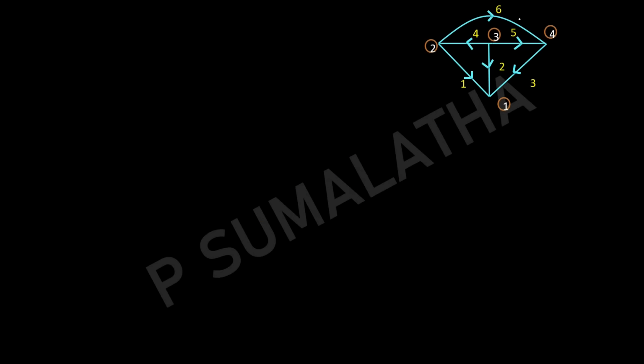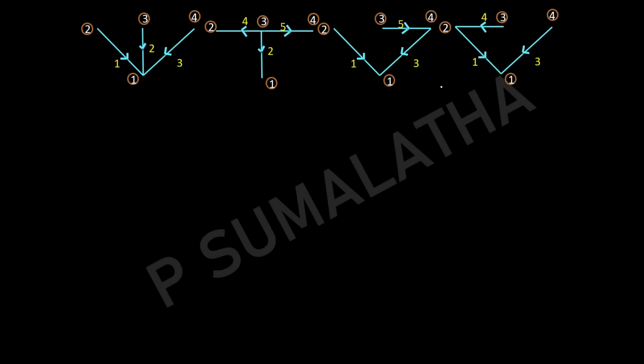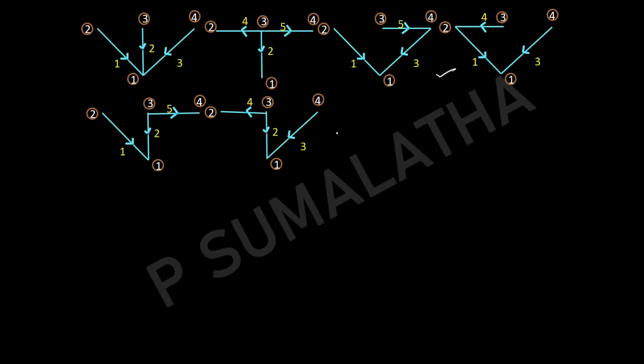So I have taken this graph. Now I am going to form all the 16 possible combinations for it. So this is the first one, second possible tree, third possible tree, fourth. If you observe, in a similar pattern we will get a set of trees, and you can see nowhere are we repeating the trees.